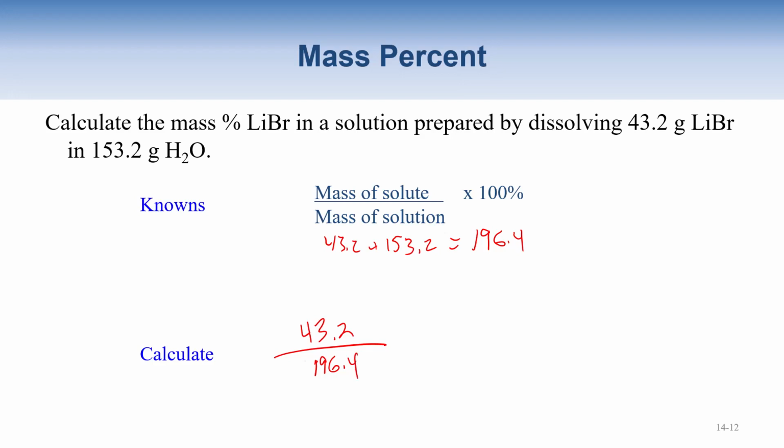Now we're going to do 43.2 divided by the 196.4, and we get 0.21995.9, and so on. We're going to round that to 0.22, and we're going to multiply that by 100%, and we get 22%.